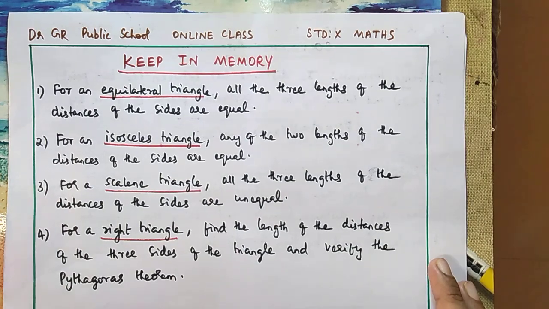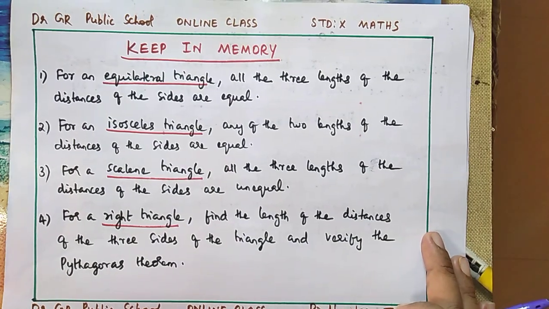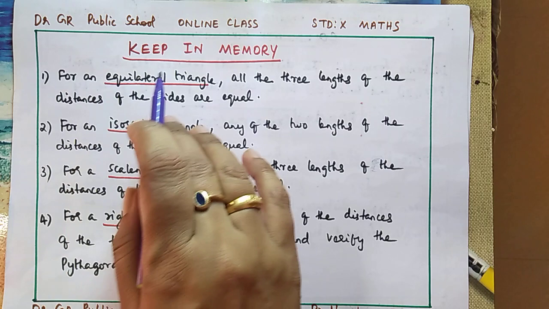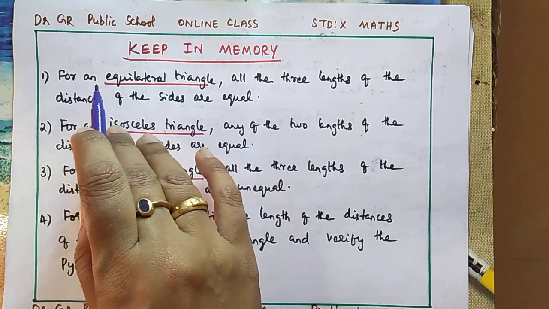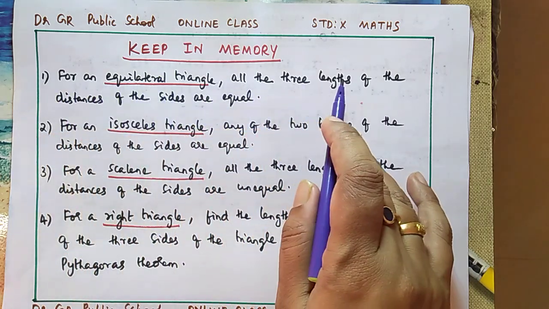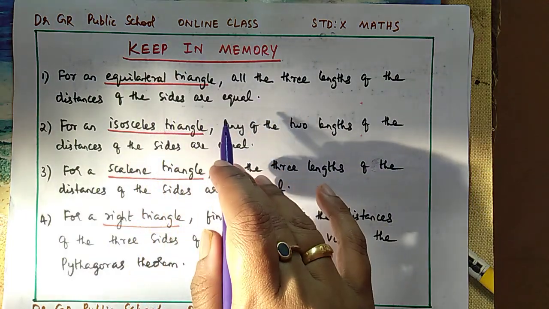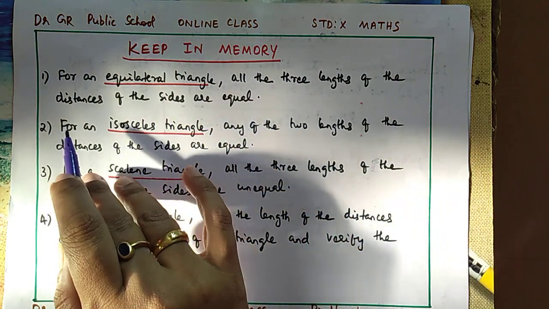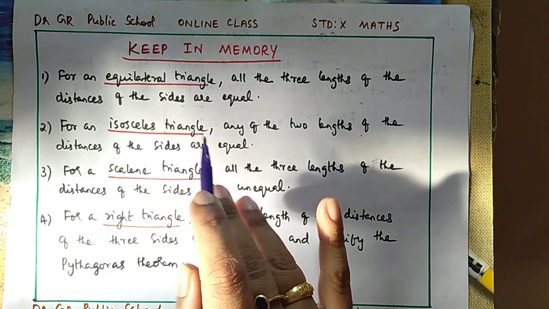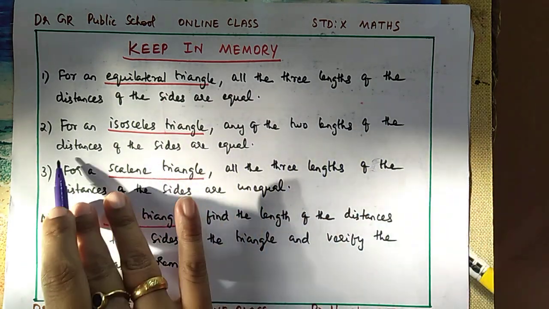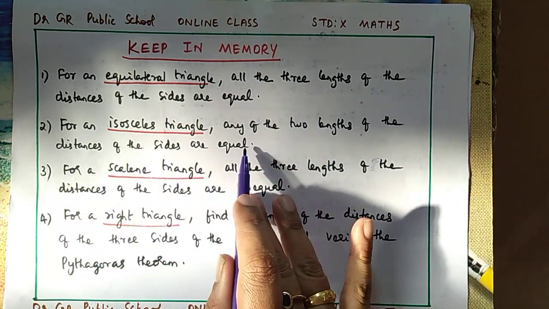So let us revise the lessons what we studied today. Keep in memory. First point, for an equilateral triangle, all the three lengths of the distances of the sides are equal. Number 2, for an isosceles triangle, any two of the lengths of the distances of the sides are equal.